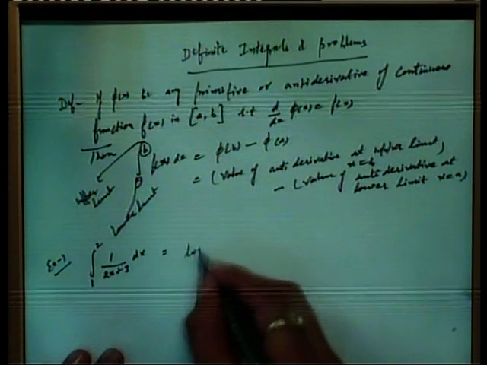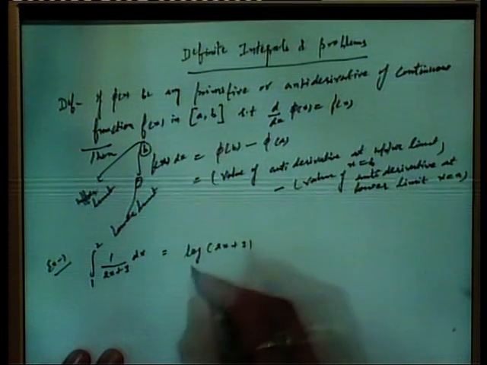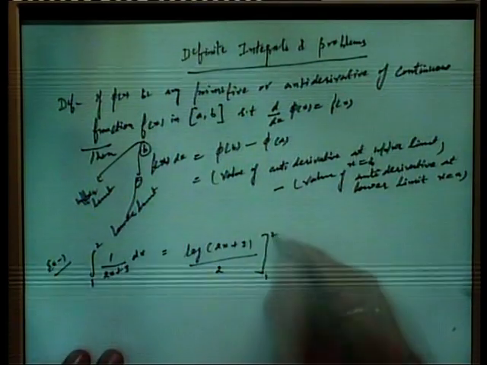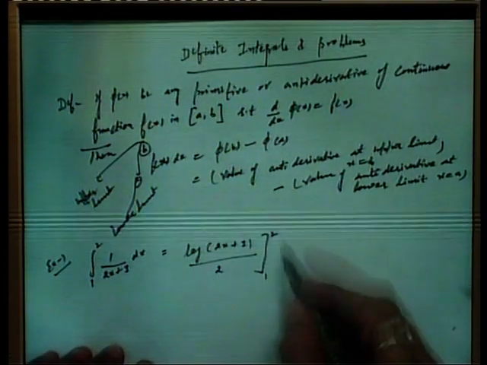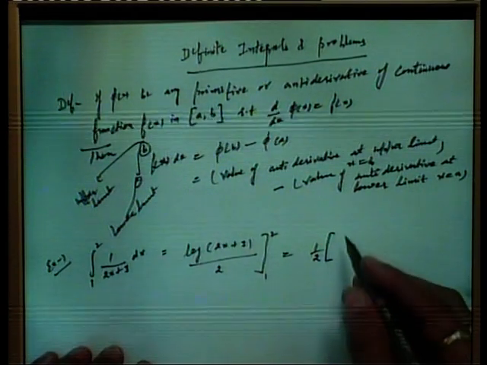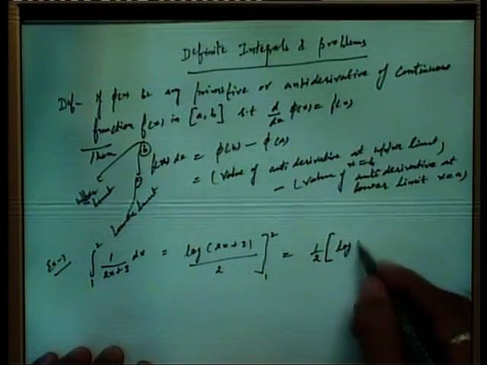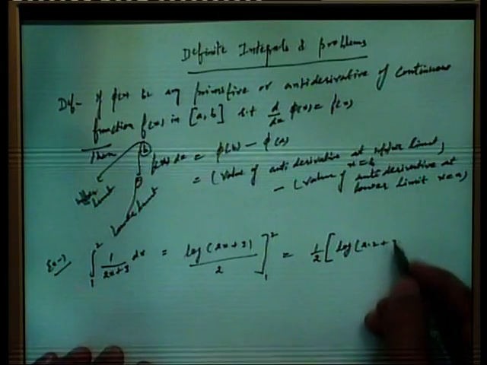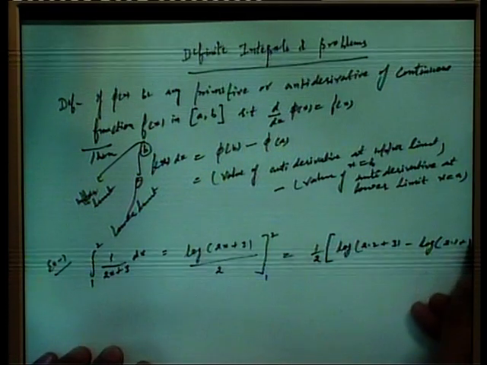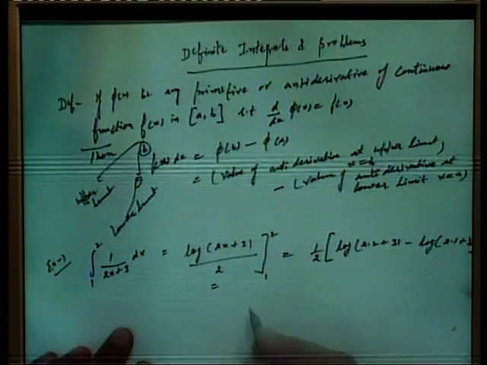So it is log of 2x plus 3 divided by 2 from the limit 1 to 2, which means we put the value of upper limit in place of x. So you can get log of 2 into 2 plus 3 minus log of 2 into 1 plus 3.